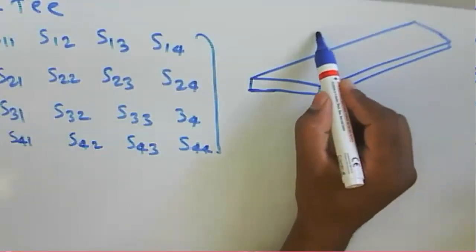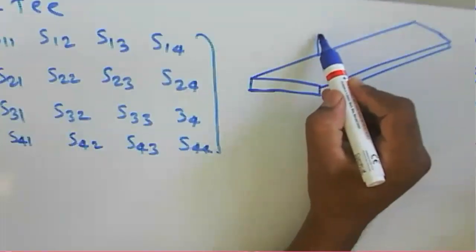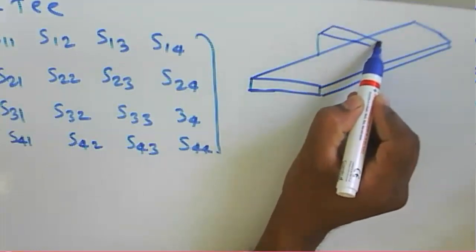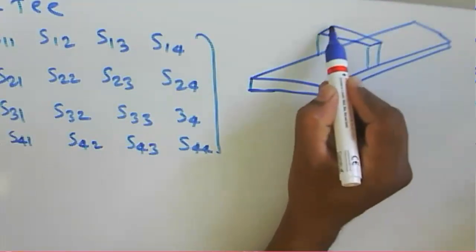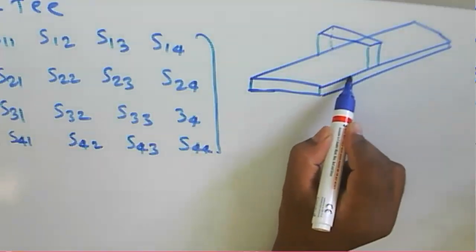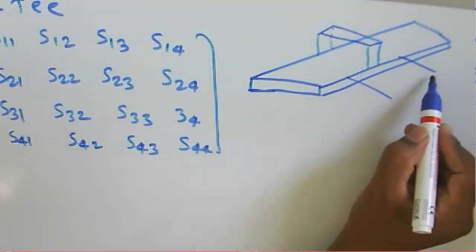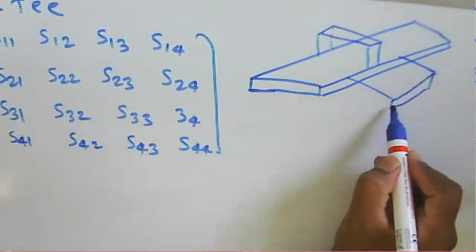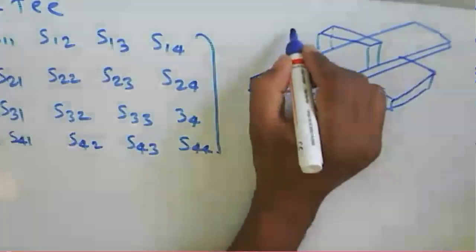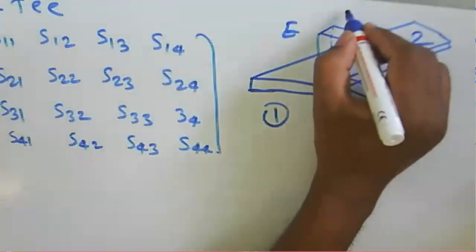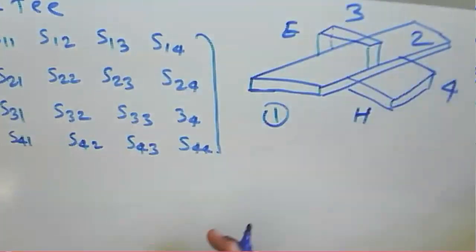Suppose we consider that for the given particular magic T, one is your E arm and one is your H arm. So this is your H arm, and this one is the E arm. I say port 1, port 2, port 3, and port 4.